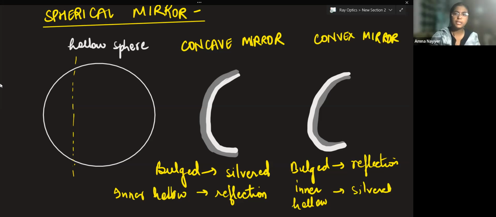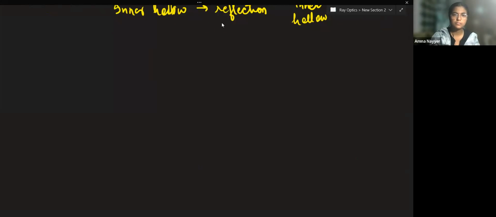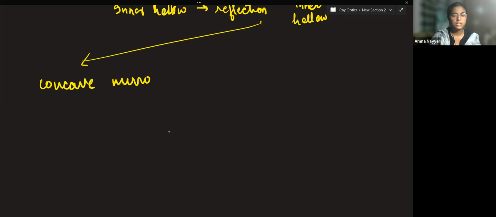Concave mirror, we'll be depicting by this symbol. We'll depict it like this.